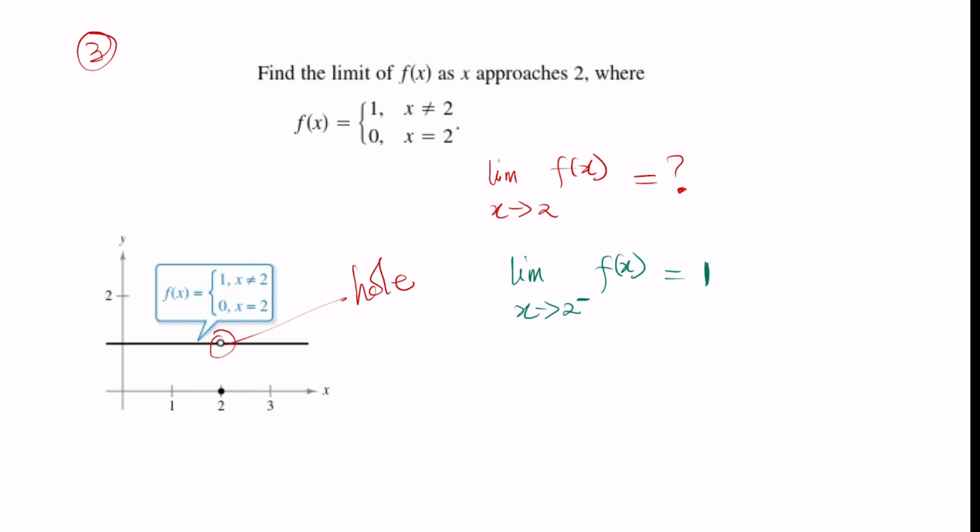And again, we find the limit of f of x as x approaches 2 from the right. So as x approaches 2 from the right, this is the right-hand side of 2. As I approach 2 from the right, the value I get on the y-axis is, again, 1.